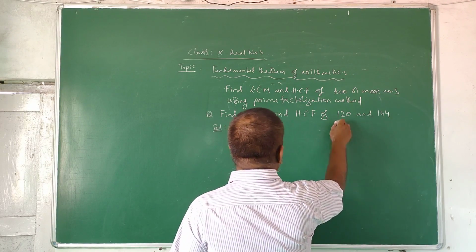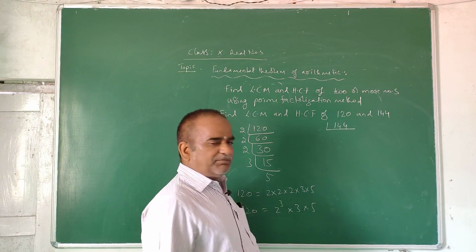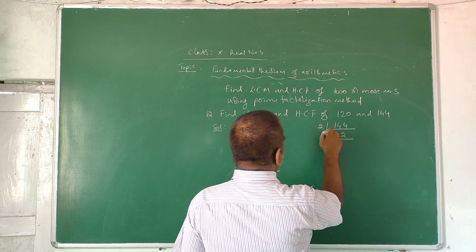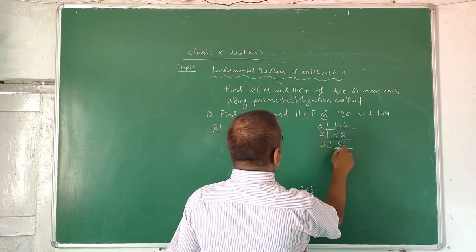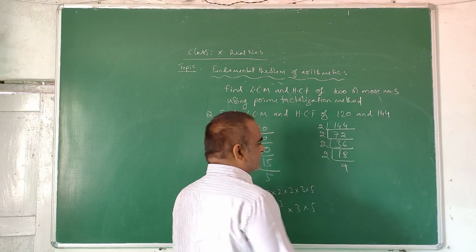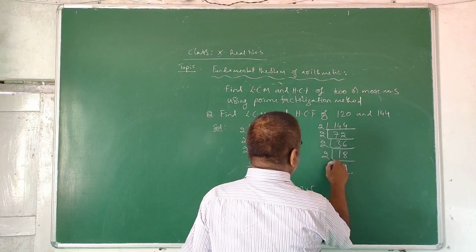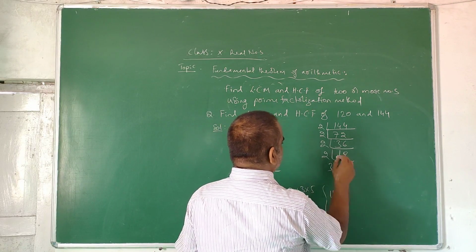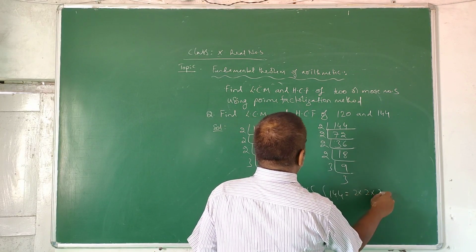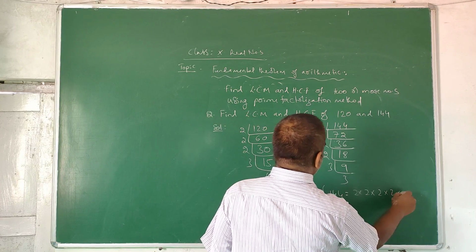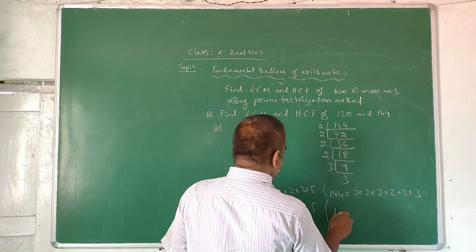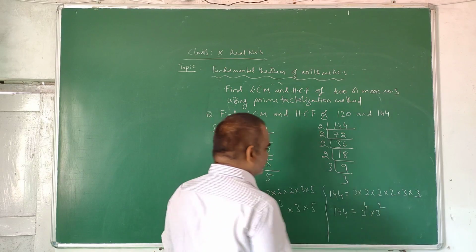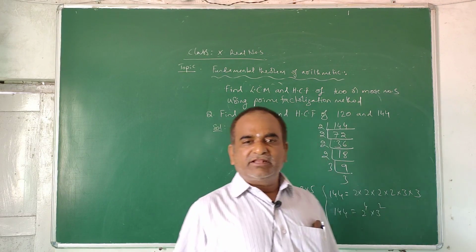Now let us prime factorize this. 2 72s are 144, 2 36s are 72, 2 18s are 36, 2 9s are 18, 3 3s are 9. So the prime factorization of 144 is 2 into 2 into 2 into 2 into 3 into 3, which is 2 to the power 4 into 3 square.